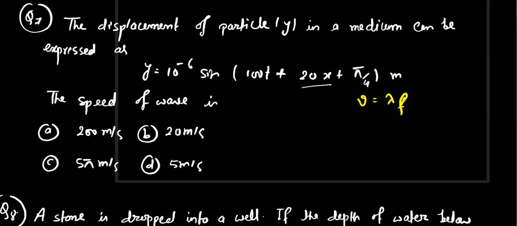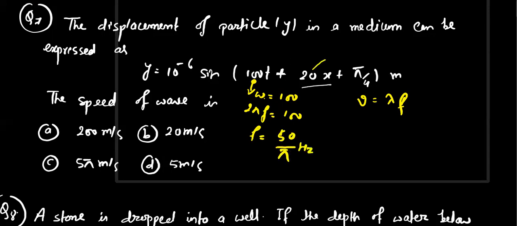of these two. Frequency always comes from here, the coefficient of t, which is the angular frequency. This is omega. Omega equal to 100, that's why 2 pi f is equal to 100, so f will be equal to 50 by pi hertz.